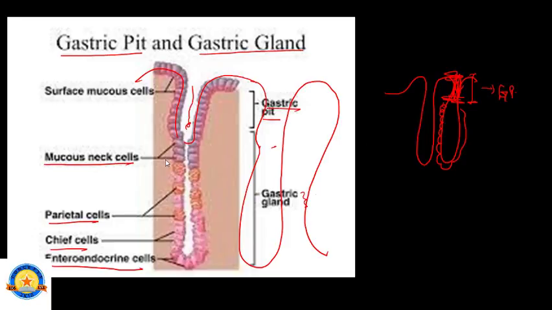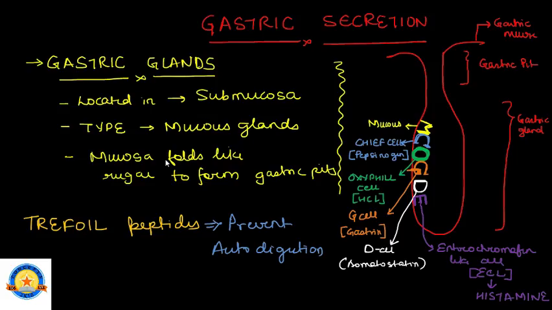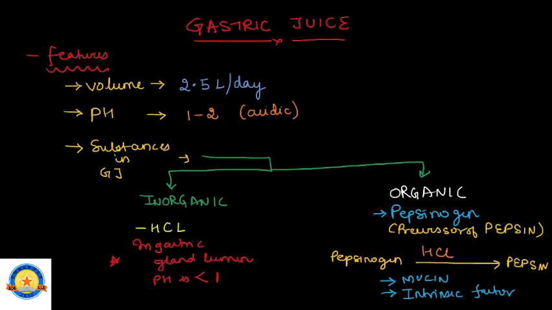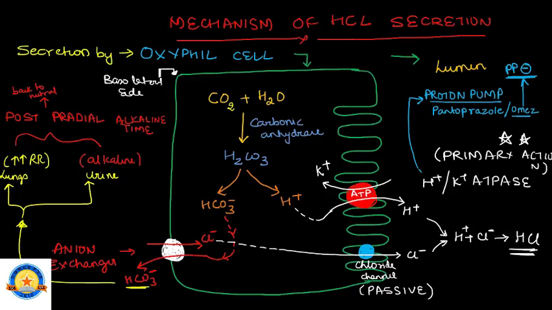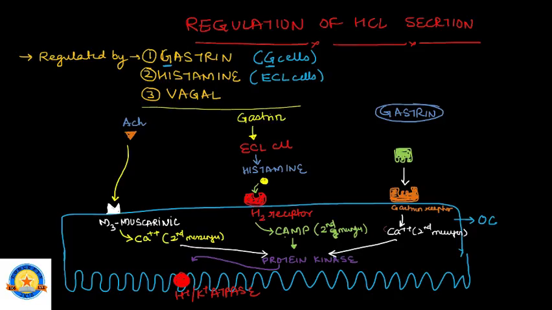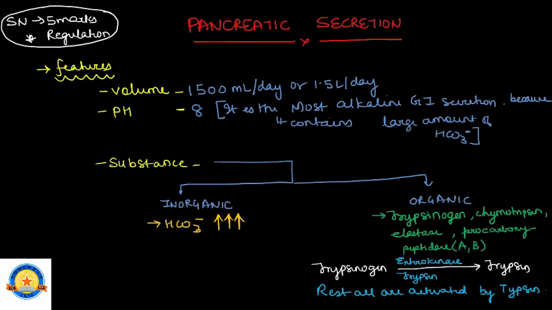We have learned about gastric glands, then gastric gland properties, how they are located, then what are the different substances secreted, what is trefoil peptide, so that is done. Next we saw about gastric juice, we learned about the volume, pH, what are the substances, then the mechanism of secretion of HCl, then the regulation, then after that we went to pancreatic secretion.